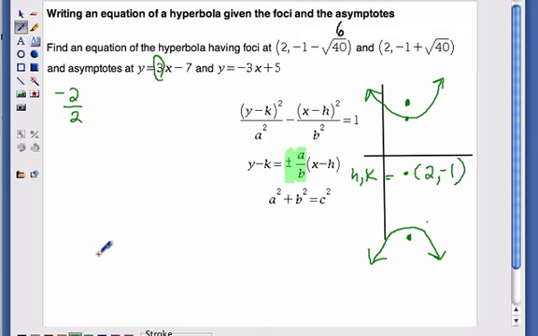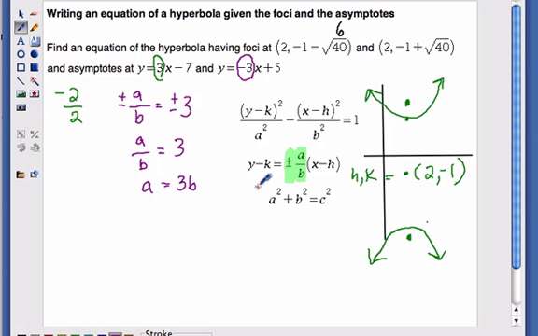If we take this value right here, plus or minus a over b would equal plus or minus 3, because we have 3 and -3. Well, a and b are always going to be positive, so let's just rewrite this as a over b equals 3. Now we're going to solve this for a. Since a is in the numerator, we multiply both sides by b, and we get a equals 3b.